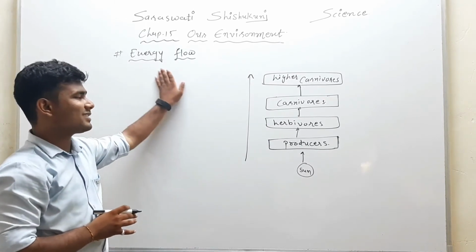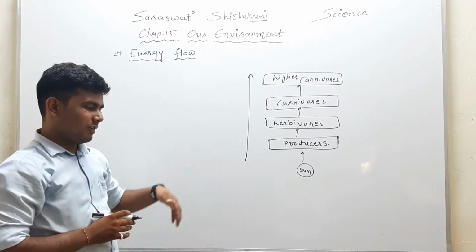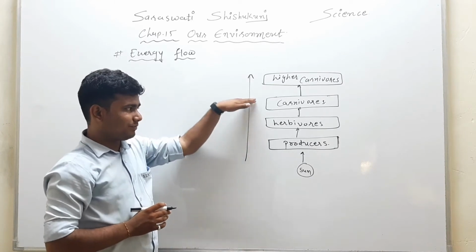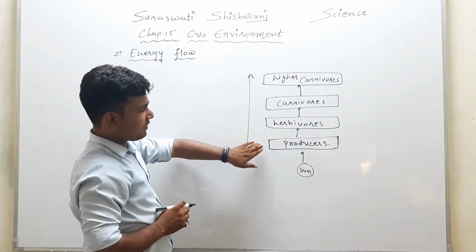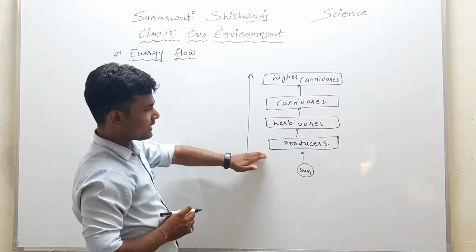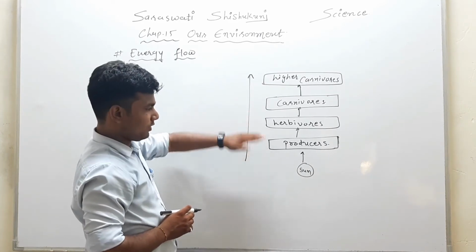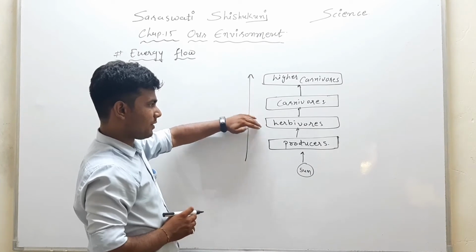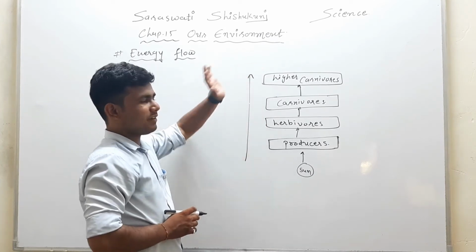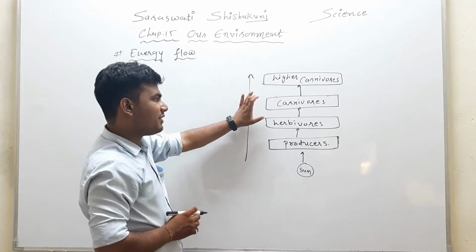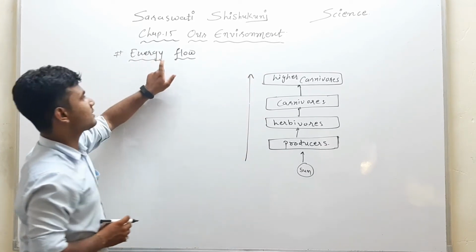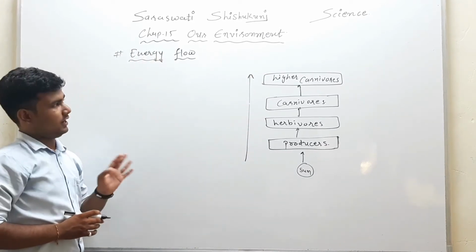Now let's try to understand this concept. First of all, what is flow of energy? In every trophic level, the energy is accumulated to the next one, from producers to herbivores, from herbivores to carnivores, from carnivores to high level carnivores. That transfer of energy from one trophic level to another is called flow of energy or energy flow.